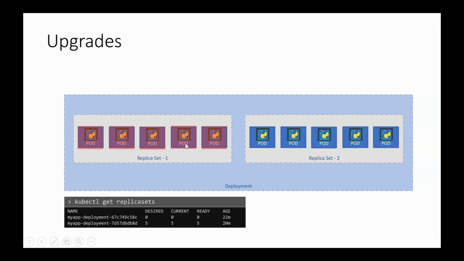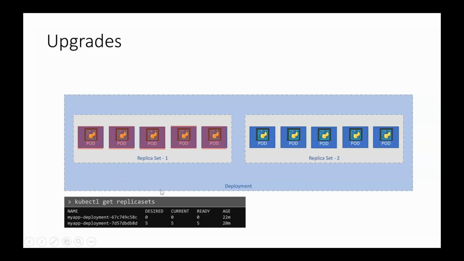The fourth one will go down and the fourth one will be available here. The fifth one will be down and the fifth one will be available here. So in any case, you can see only one pod will be down. So suppose this one is down, the other 4 pods are always up.